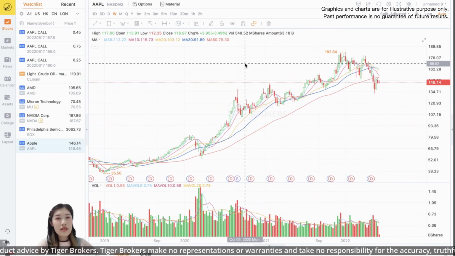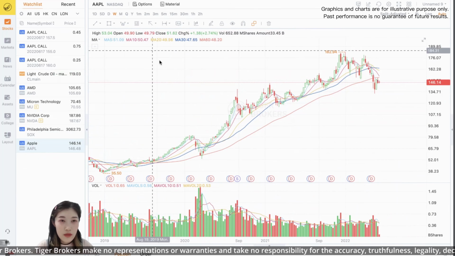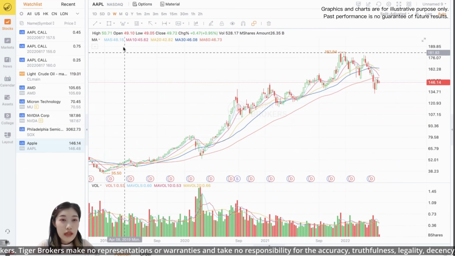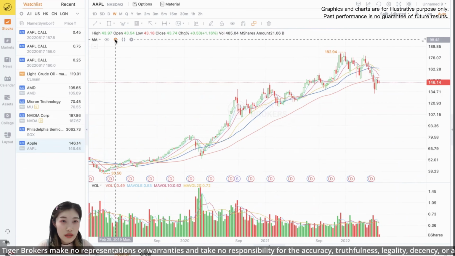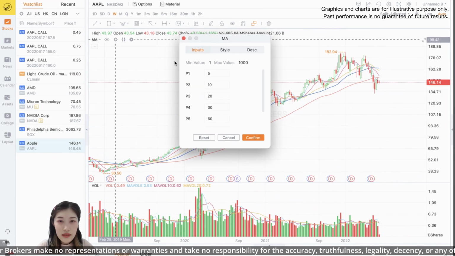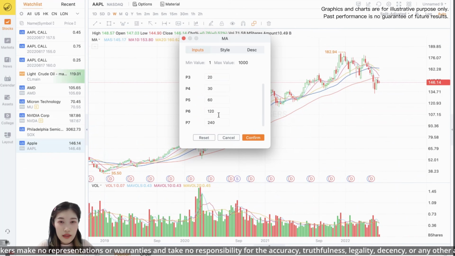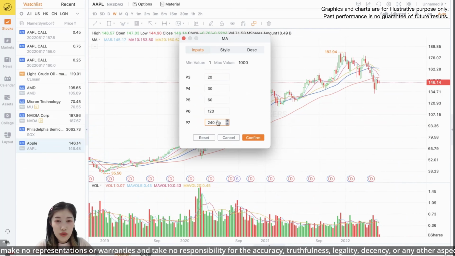Now, since we're discussing long-term stock trends, I want to add a MA250 because there are roughly 250 trading days in 1 year. What we can do is hover over and click on the settings here, and I will change the 240 to 250 for the showcase.